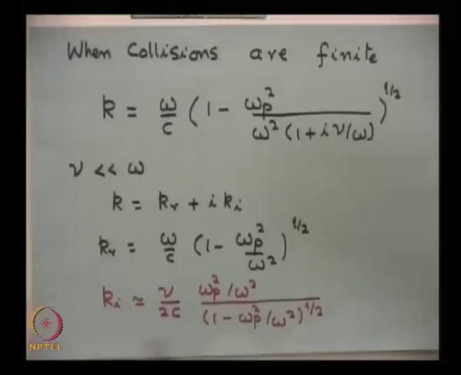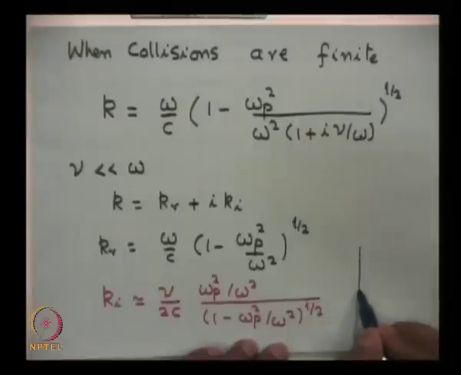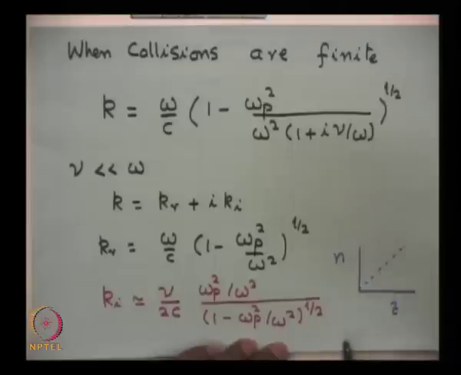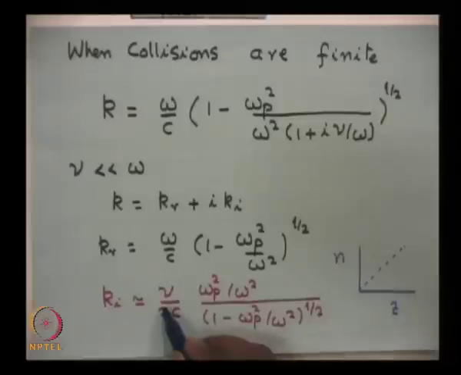So if you are launching a wave into an inhomogeneous plasma whose density is 0 here, suppose that plasma density is increasing like this, and you are launching a wave. What will happen? Initially collision frequency will be very tiny. I am talking of a strongly ionized plasma where collision frequency depends on electron density or ion density.